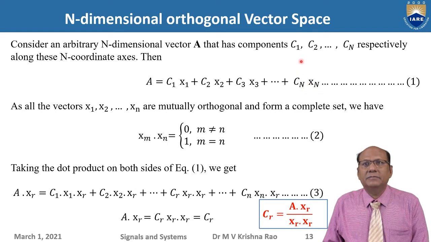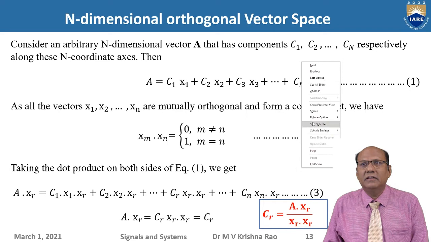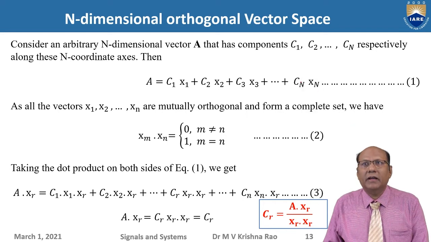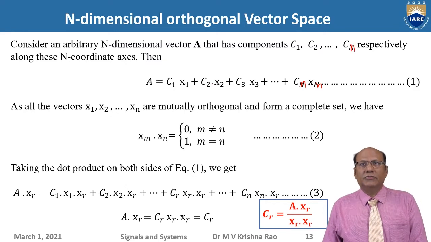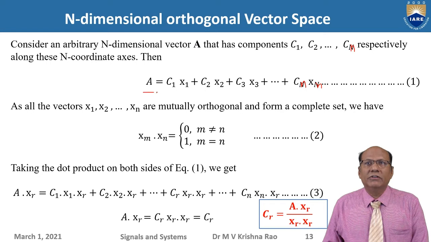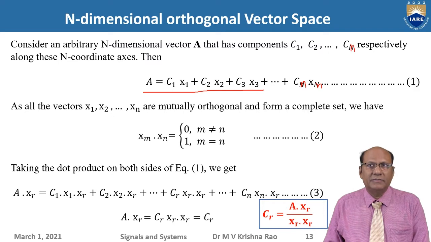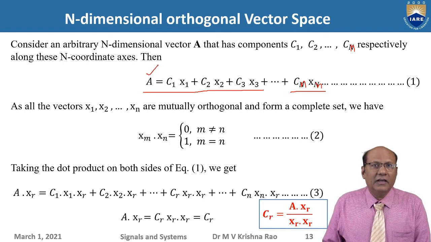So this is basically the n-dimensional space, where n is a small n. So I have A equal to C1x1 plus C2x2 plus C3x3, up to 3 dimensions. Extending to n dimensions, I have the Cn xn term. So these are the n components, and you are dividing this arbitrary vector.